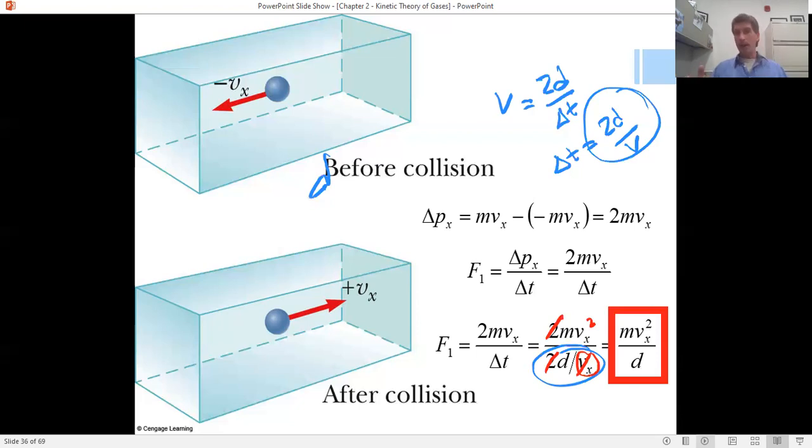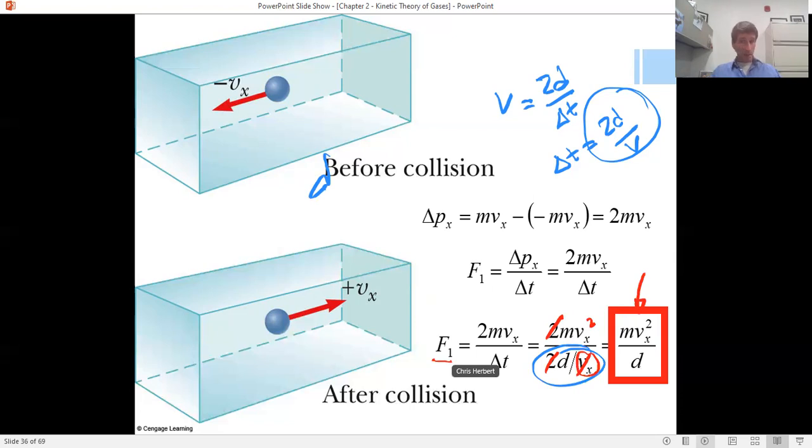Well, that's hopeful, right? Because remember earlier on when we had a discussion, we said that temperature was proportional to the average kinetic energy of the molecules. And here I have something that looks very much like kinetic energy, mv squared. I know kinetic energy is 1/2 mv squared, but mv squared is proportional to the force.